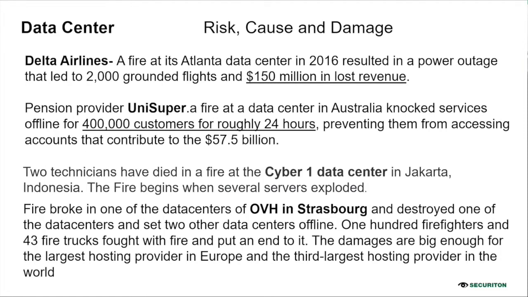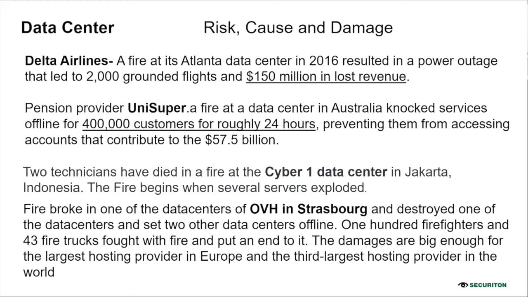Many fire incidents happen in data centers, and in most cases they affect business continuity. A few examples: Delta Airlines. You must have heard that in 2016 there was a fire in their data center in Atlanta, and it resulted in a power outage that led to 2,000 grounded flights and over $150 million in lost revenue.